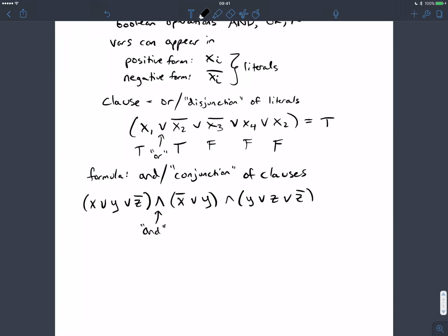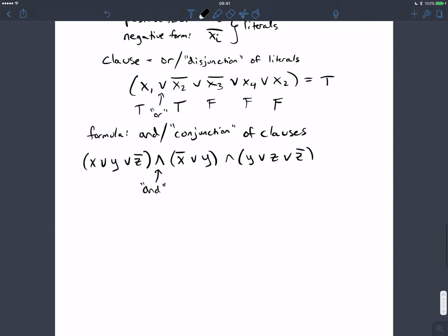And so here are three clauses, each of which has either 2 or 3 literals. It doesn't matter how many. And they're conjuncted together.